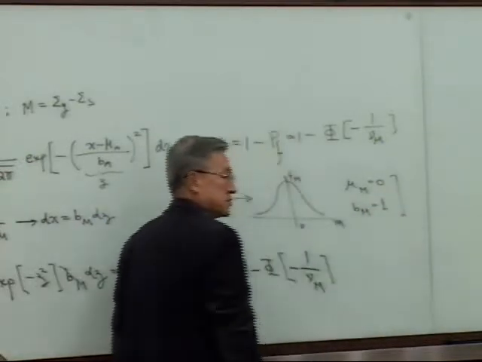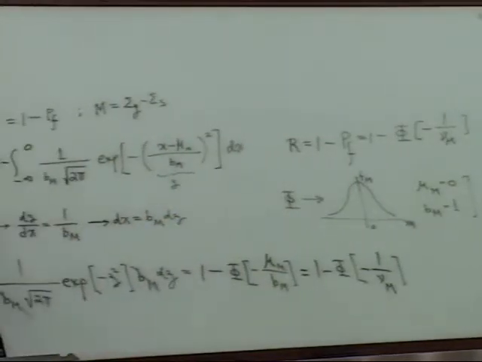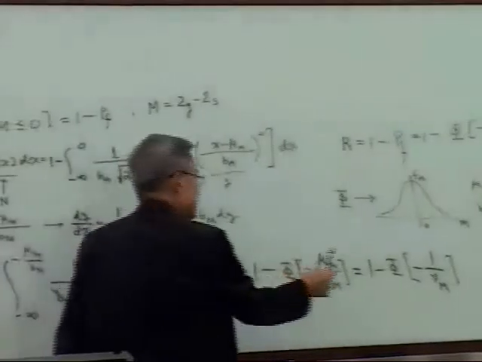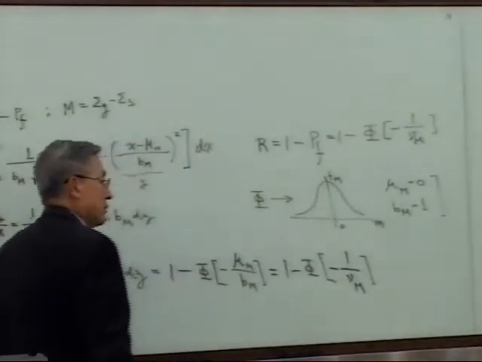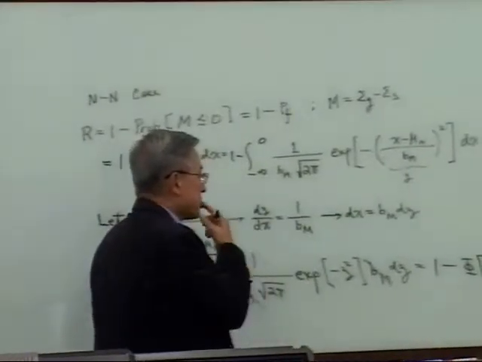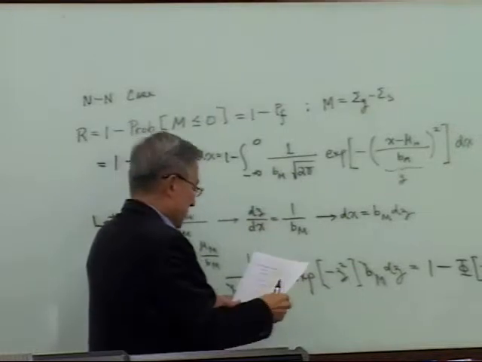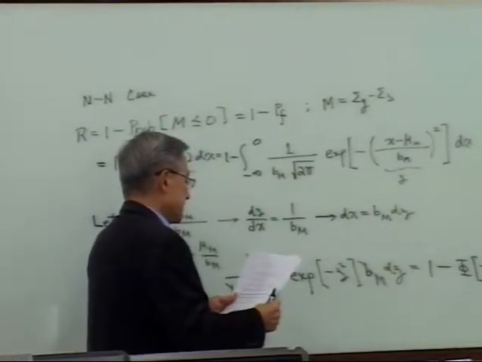That's the situation, right? When you make a change of variable, everything is shifted to the 0 origin and the axis. Then after that you can solve the problems and things like that.